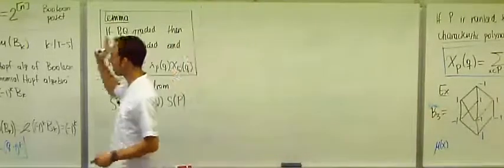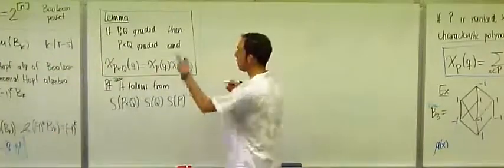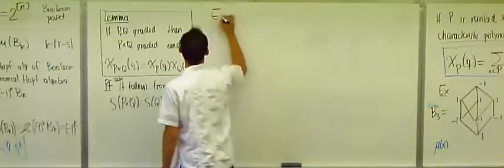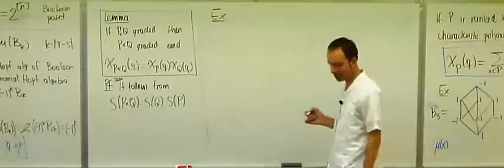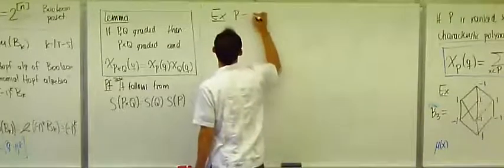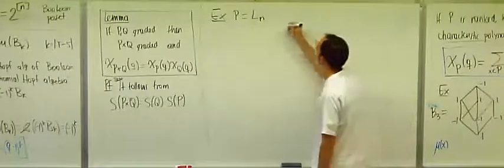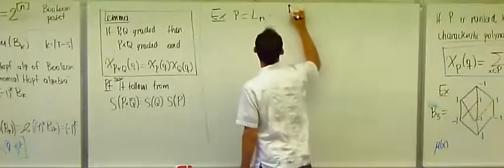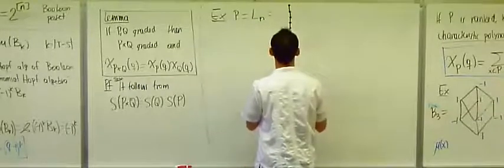Okay, so we computed the Mobius function of the Boolean poset. Let's do another example. The chain Ln, where you have n links.